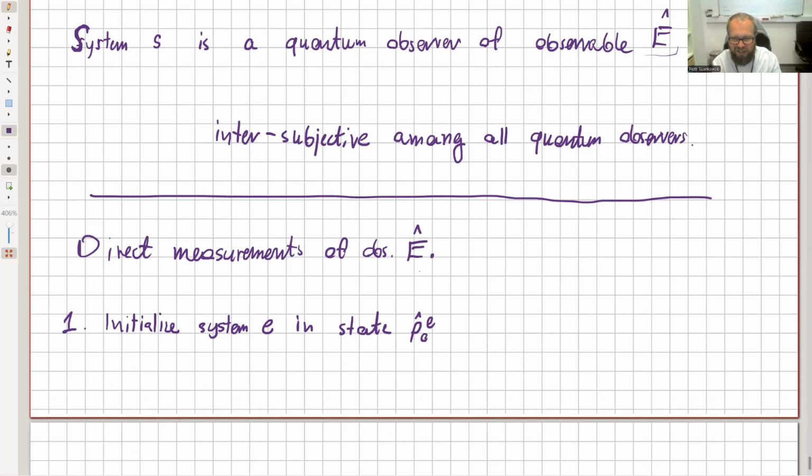Allow it to evolve freely for time t1 greater than 0, and then do the measurement.